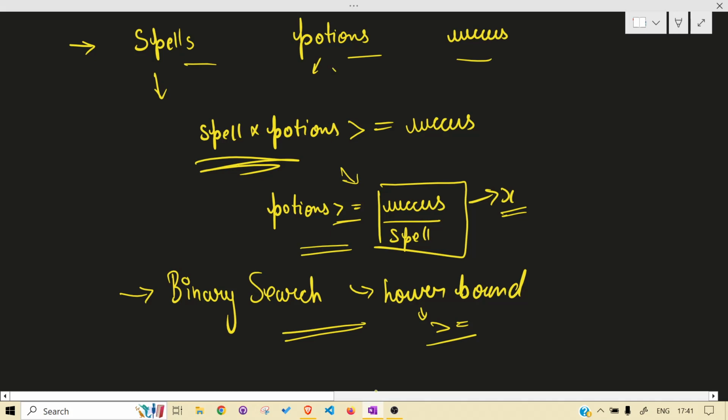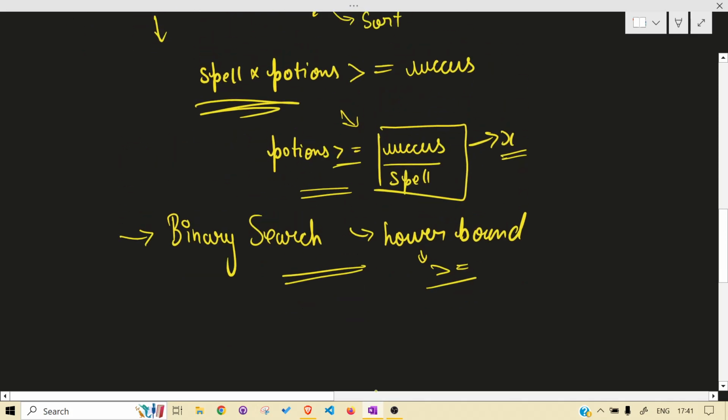Also you have to sort the potions, because it is nowhere written that the potions are sorted. In the test cases it feels like they are sorted, but it is nowhere written that they are. I hope this much is clear. Also we will take a ceil value, a whole number, or if you don't want to use ceil, you can even use success plus spell minus 1 upon spell.